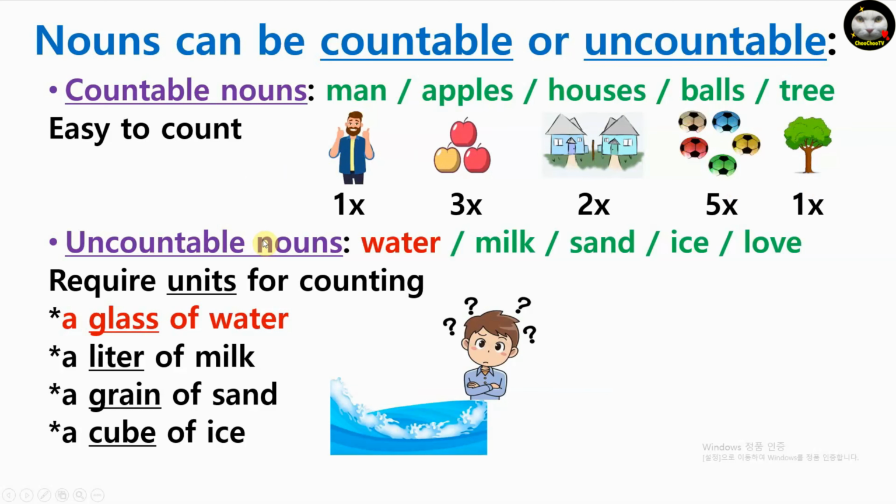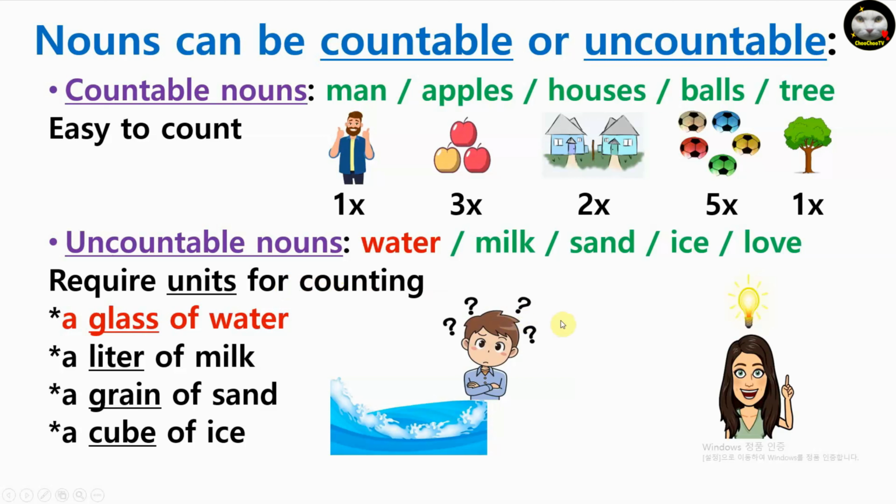Uncountable nouns are not easy to count. For example, water. How do we count water? Well, here's an idea. We give uncountable nouns units that are countable for counting.